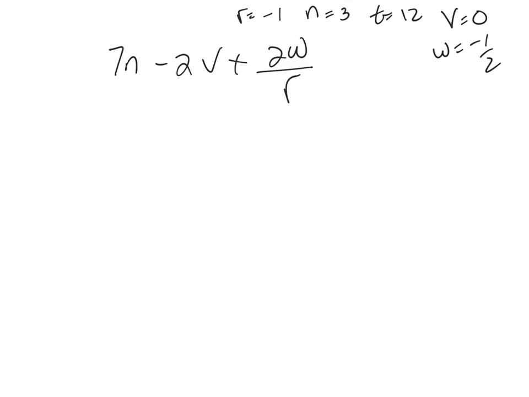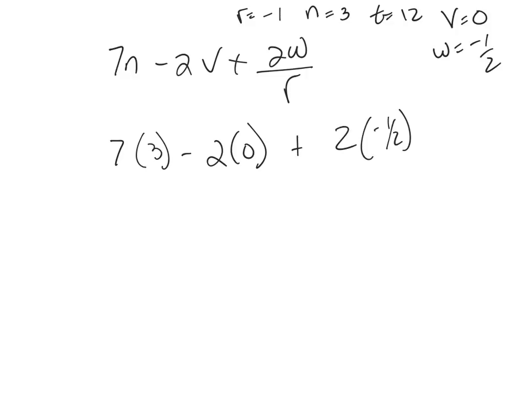So this one has some fractions in it. You're going to be really careful and make sure you don't make any silly mistakes. So it's going to be 7 times 3 minus 2 times 0 plus 2 times negative 1/2 divided by negative 1.